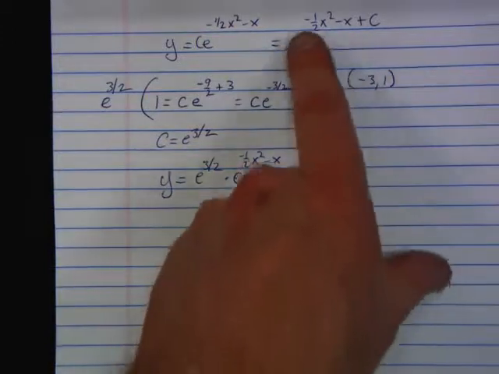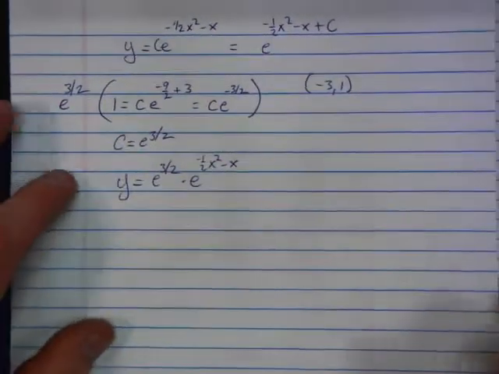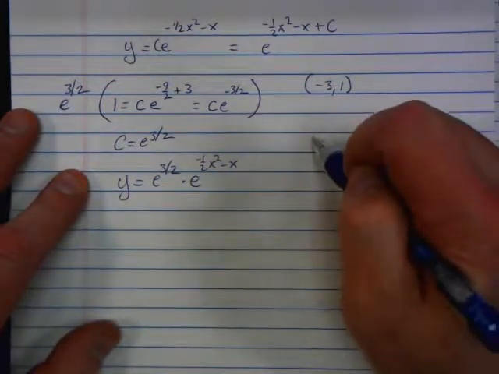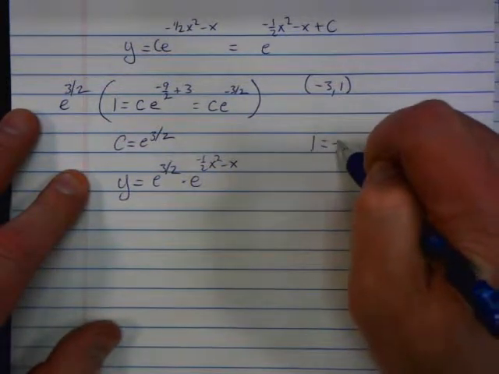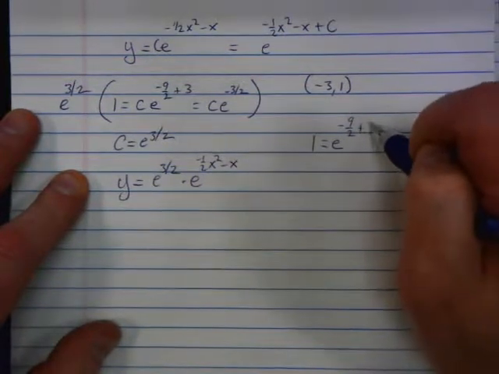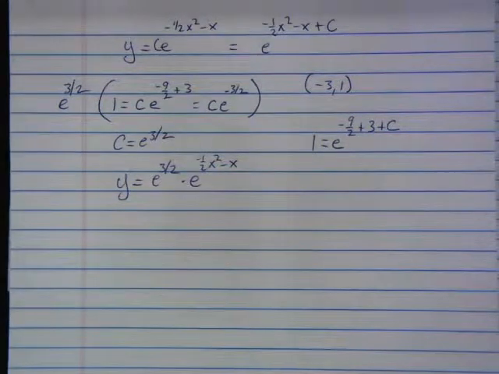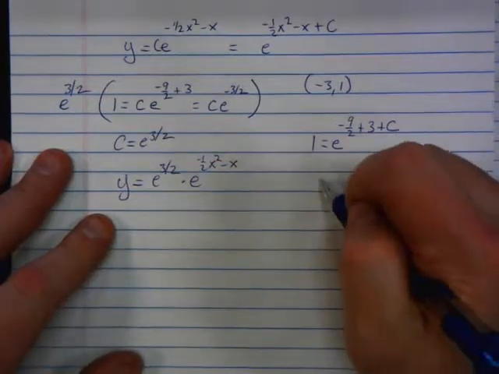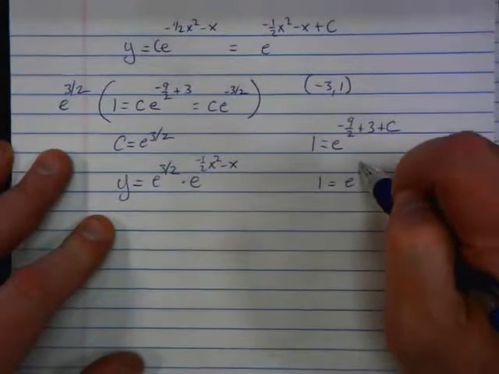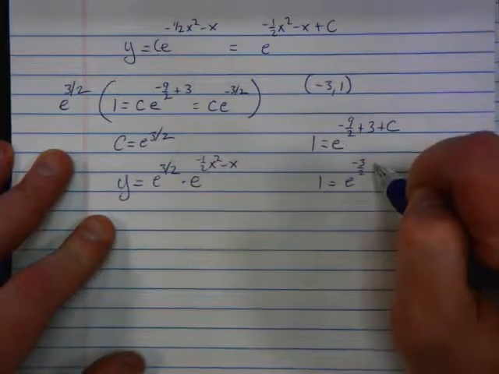Now let's try it if we're written in this form. We would have 1 equals e to the -9/2 plus 3 plus c. That would be the same as 1 equals e to the -3/2 plus c.